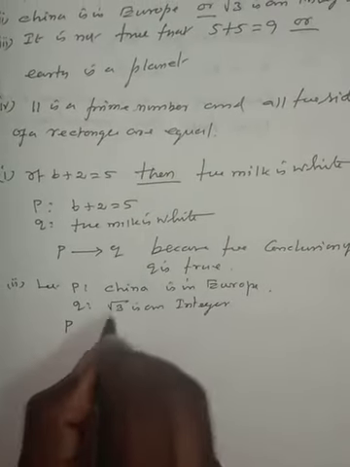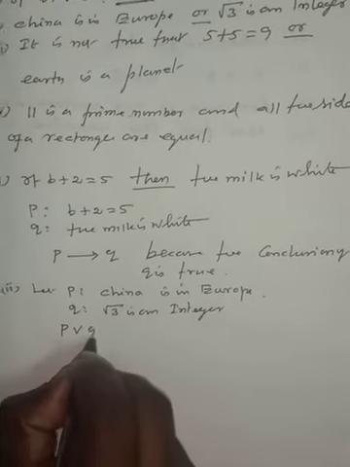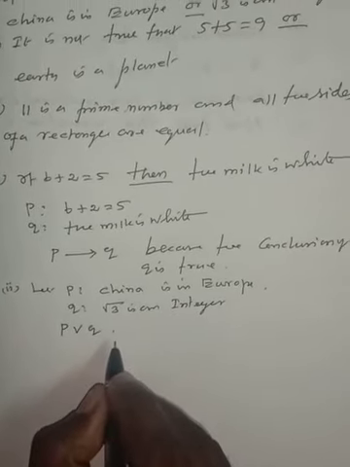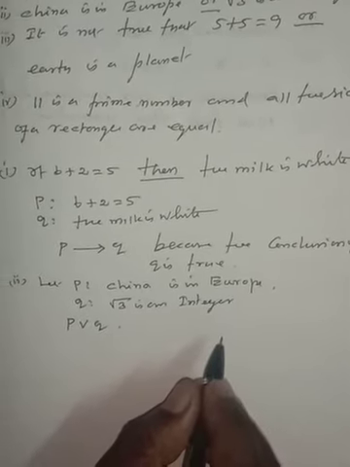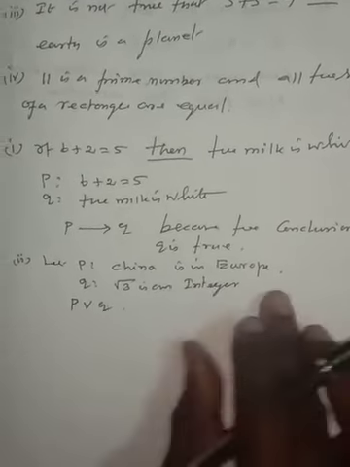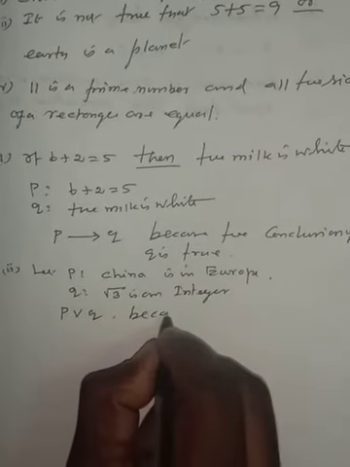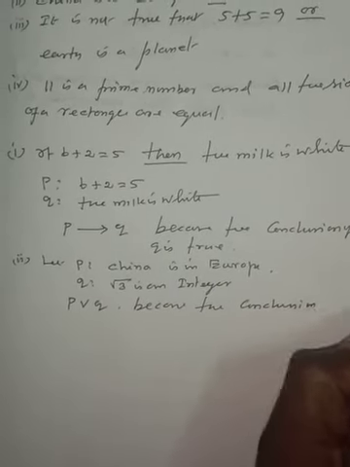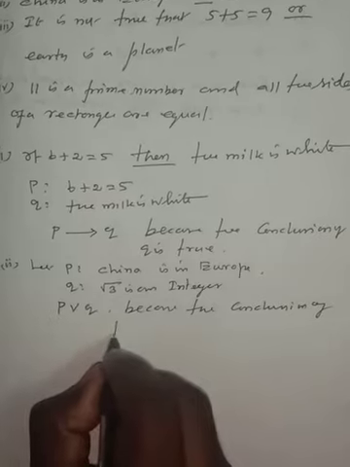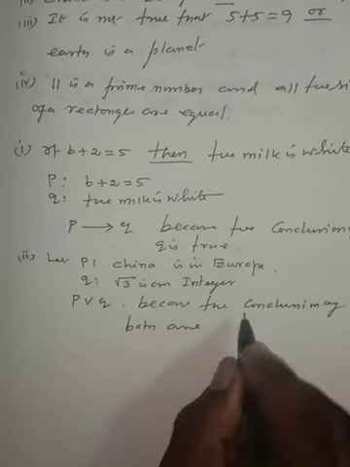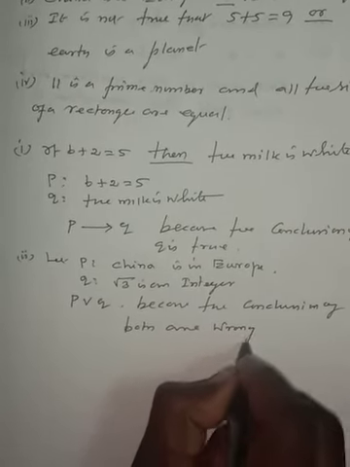So first postulate or second postulate. This is the logic. Both the statements are false, because the conclusion of both are wrong or negative.